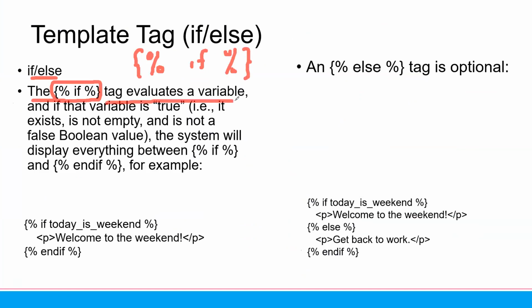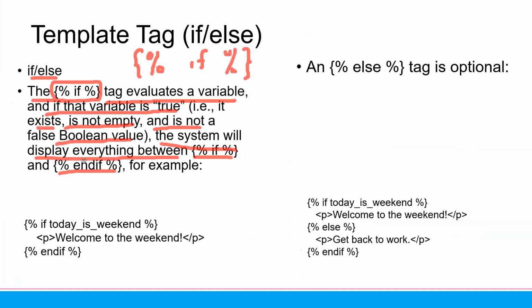This tag evaluates a variable, and if that variable is true, that is, it exists and it's not empty, and it is not a false Boolean value, the system will display everything between this if and endif.